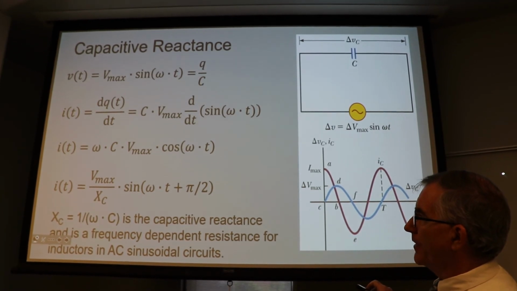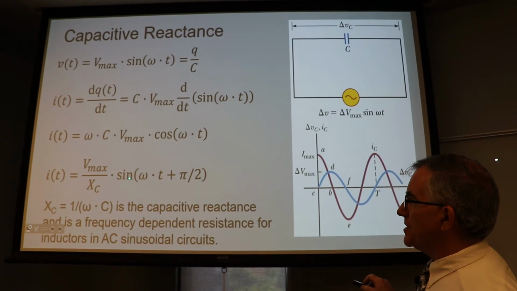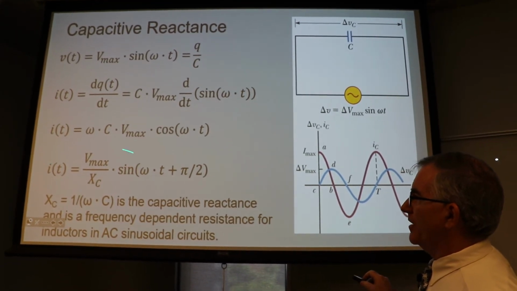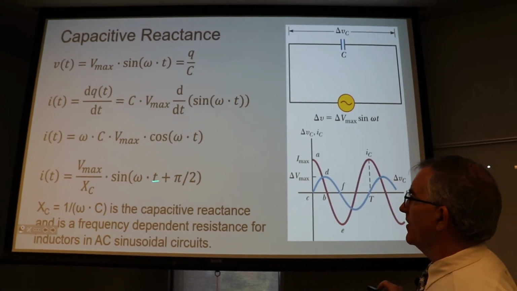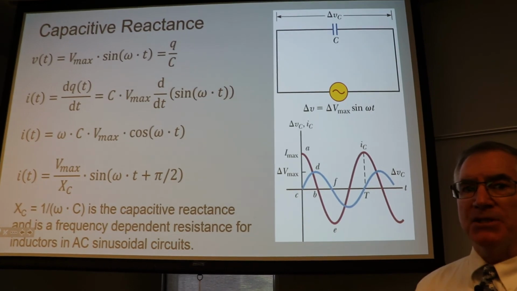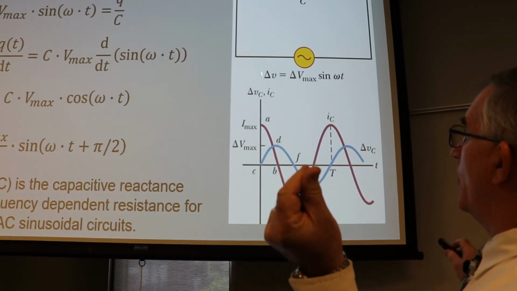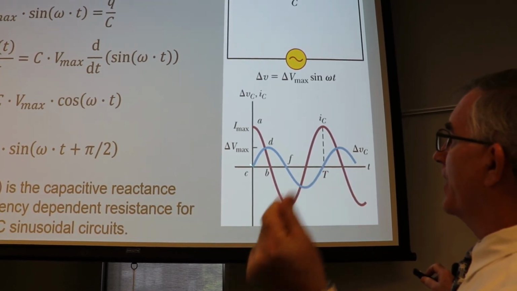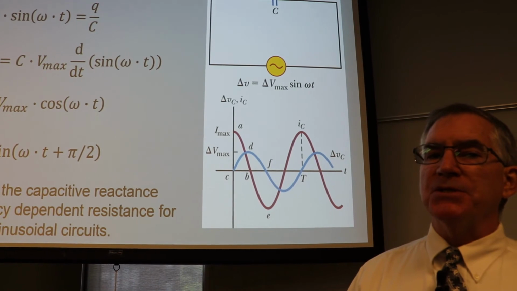All right. And we got a cosine, so now we're going to make the cosine into a sine so we can compare things. And the plus sign means it's shifted to the left, and so at t equals 0, you see the current is a max. So when you turn the sine wave on, starting from 0, the current is going to be a max because there's no charge on the plates.